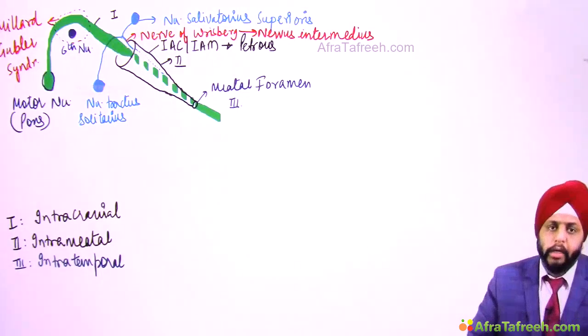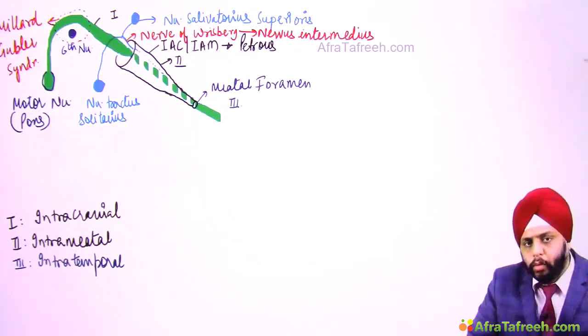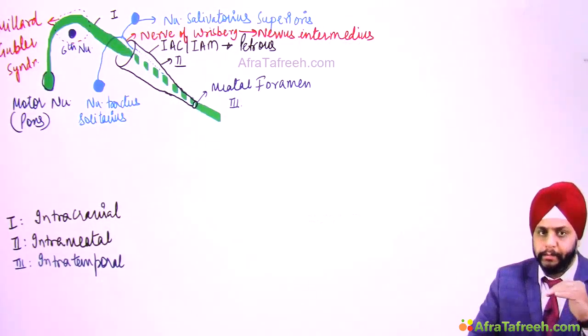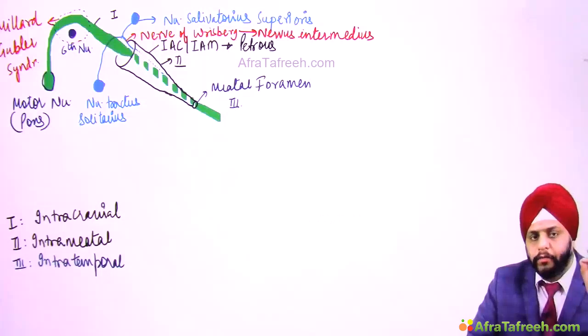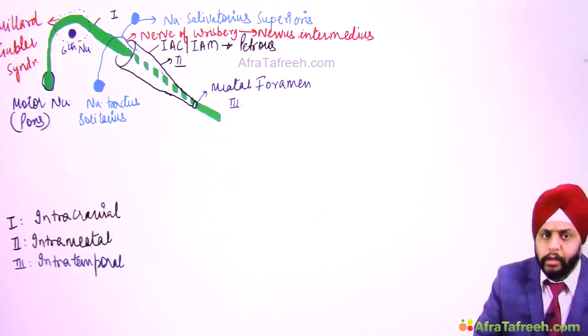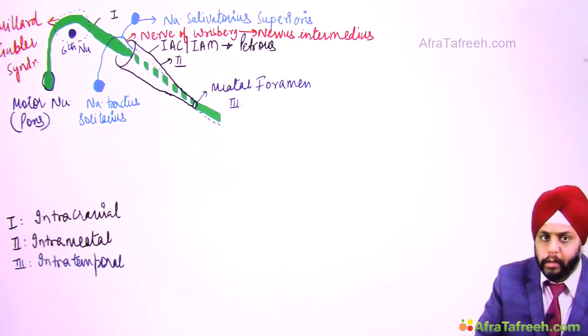Now this meatal foramen is the narrowest part of the whole facial nerve anatomy, and of this canal also. After this meatal foramen, the facial nerve enters into a bony canal in the temporal bone.